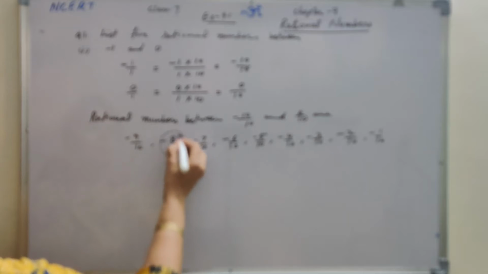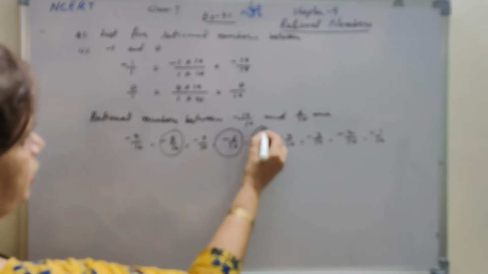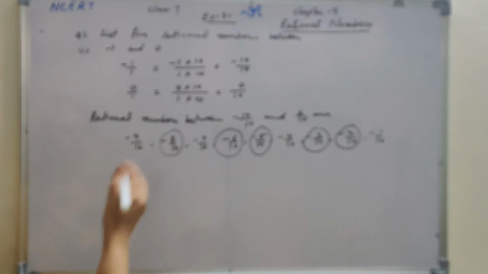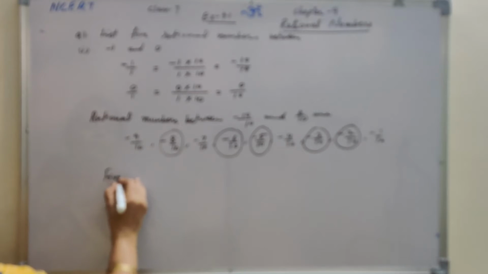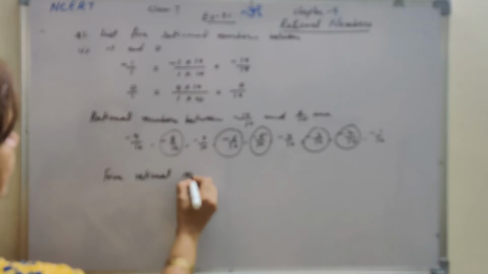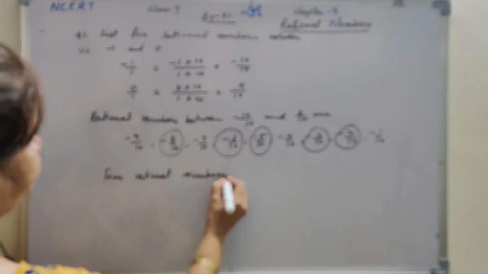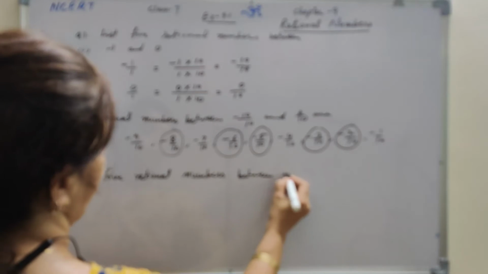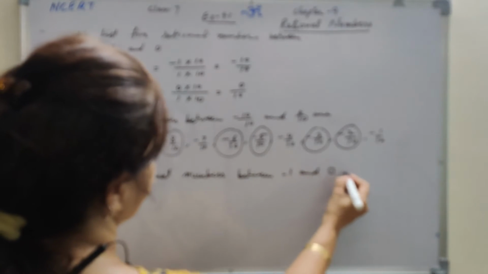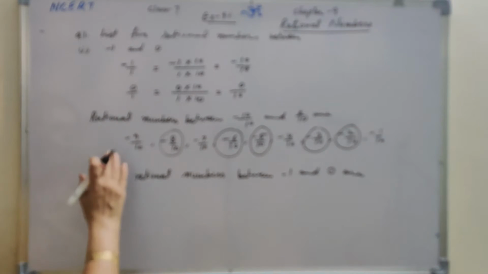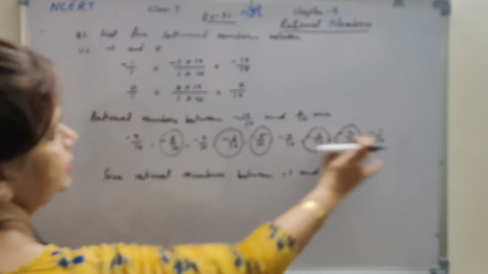Let it be 1, 2, 3, 4, 5. You can choose any other also from these. So the 5 rational numbers which are lying between minus 1 and 0 are, which I have chosen, you can choose them also or any other from this list.